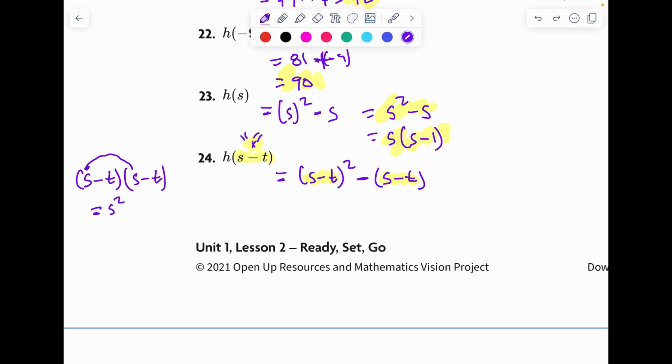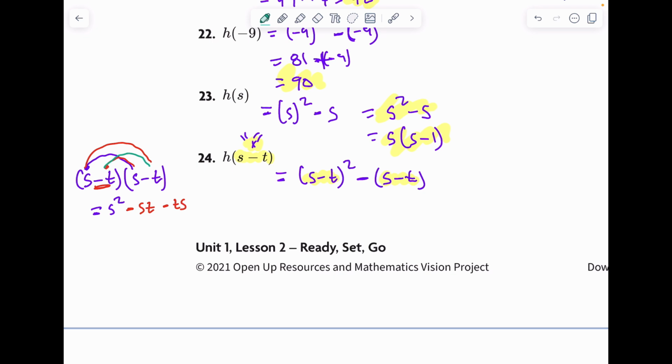Let's do this a different color. And I get that this is negative st. And then let's do this negative t. This is negative t times s, minus ts or st. Plus, let's do a different color, negative t times negative t, right?